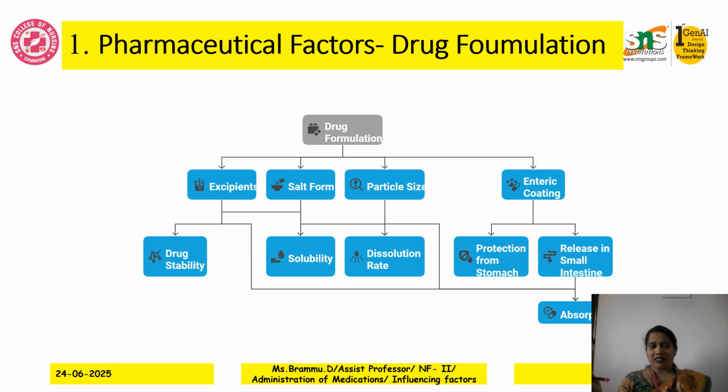If the particle size is large, then the dissolution rate is low. And it also depends upon the enteric-coated factors, where some of the drugs are protected against the action of renin, pepsin, as well as hydrochloric acid. Some are directly released into the small intestine. This is how the absorption rate also varies.